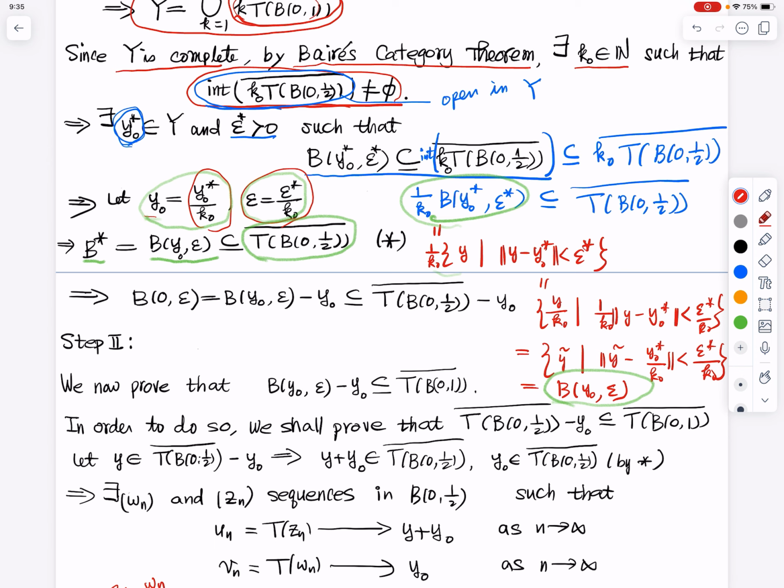Then you translate. This is the open ball about y0. So you translate by minus y0, then B(0, epsilon) equals B(y0, epsilon) minus y0. Then you take y0 on both sides. So this is what we have.